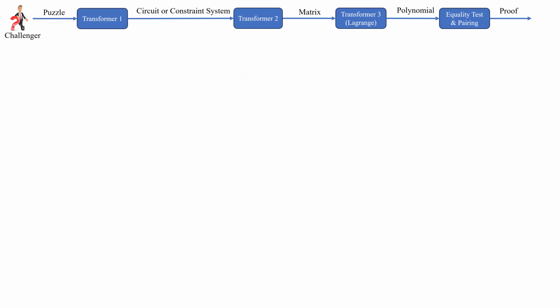You remember that this was the architecture of the Groth16, right? We defined the puzzle into a circuit using a constraint system and then converted the constraint system into matrices, and then used Lagrange interpolation to convert to the polynomial, and then using equality test and pairing we generate the proof and verify the proof.